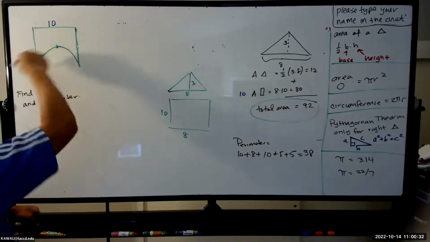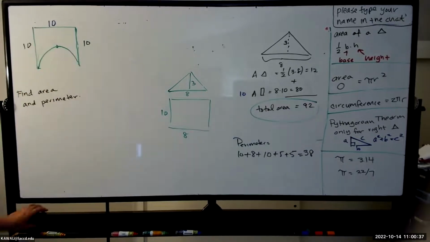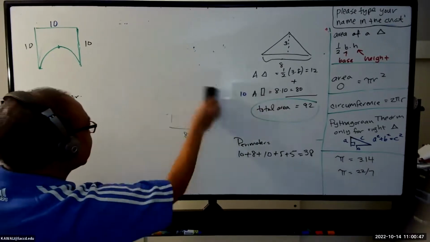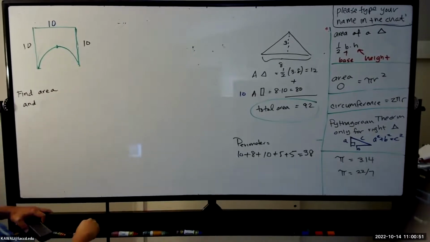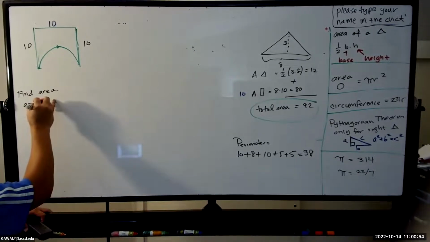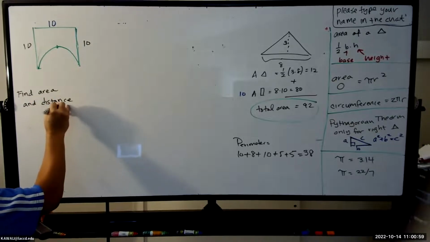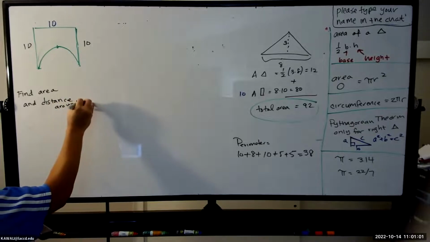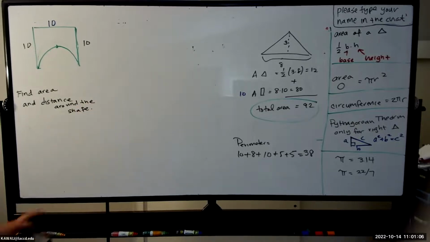Now think of this as a square, so this is 10, 10, 10 all the way around. Oh, I guess we shouldn't call it perimeter because it has a curve in it. Perimeter is only for straight lines. So we'll find the distance around the shape.